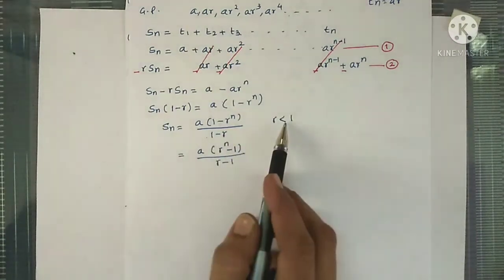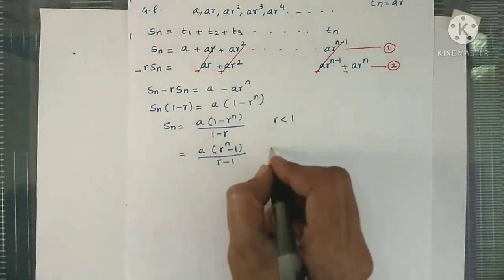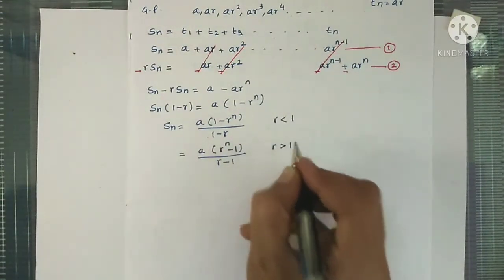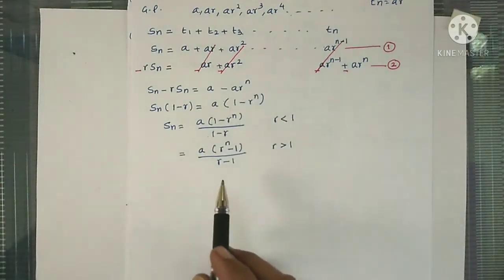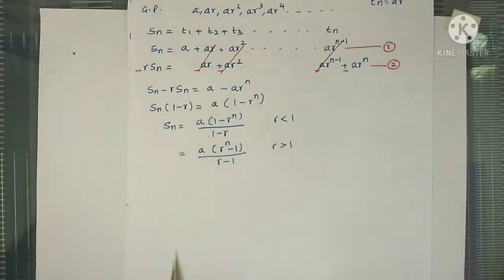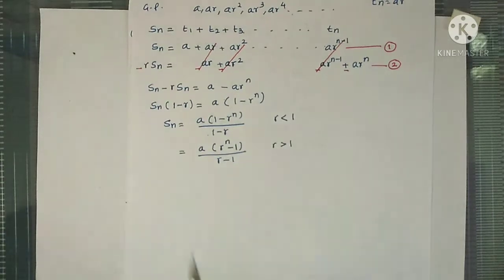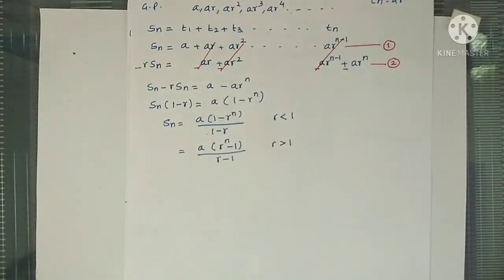So whenever R is less than 1, we will use this formula. And if R is greater than 1, say 1.325, in that case the simplification is easier with this formula, as we get a positive term in the denominator. You can use any of the formulas, no problem. But we have to write one more step, so if we use the appropriate formula, the steps will be fewer.